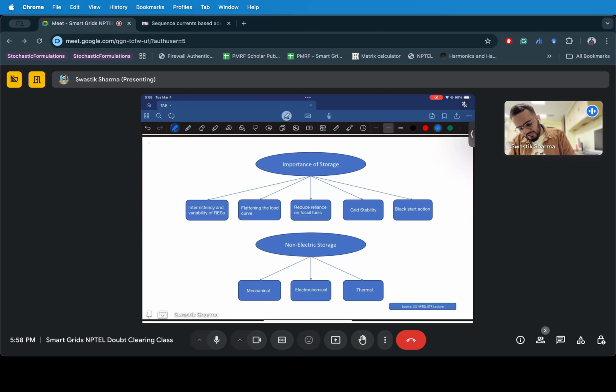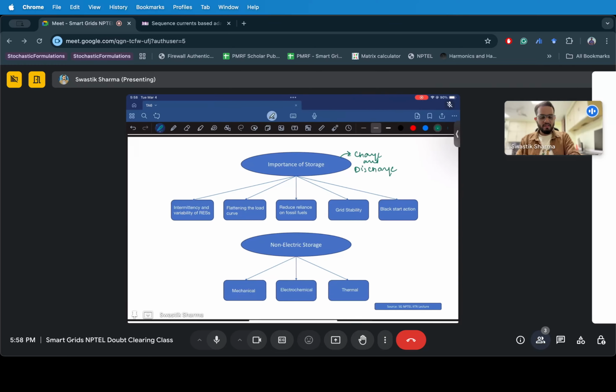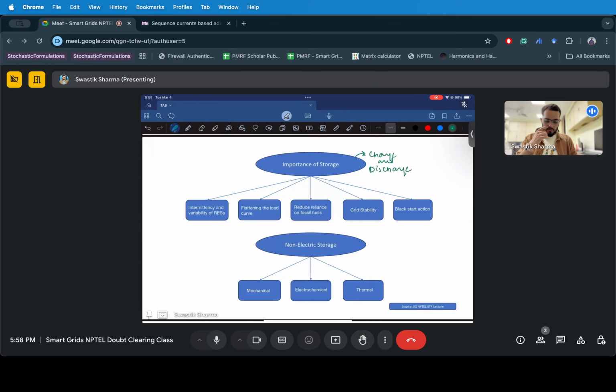First, it can charge and discharge both, right? So when it charges, it acts as a load, and when it discharges, it acts as a source, right? So you can have both the qualities of a source and a load in the same unit, right?